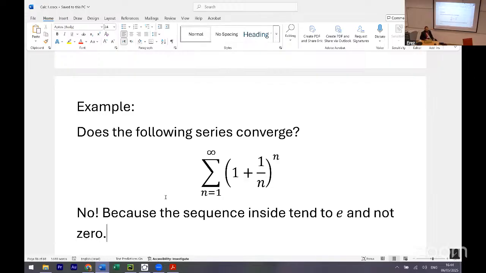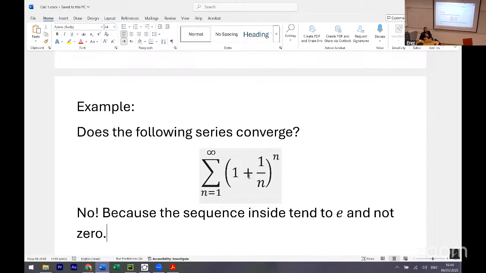Because when you try to use the techniques that I will teach you to find out if a series converges or not, you get stuck. But you just need to notice that it's not even tending to 0, right? It's actually always bigger than 1. Okay, so it's another way to answer it, but it's confusing because it's not the first thing you think of.